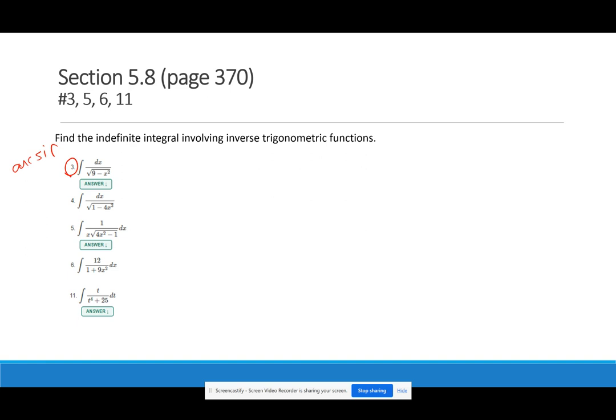All right, with number 5, I take a look at that. I see the square root. This looks kind of arcsecant-like because if I did the derivative of the part underneath the radical, it would be 8. The part underneath the radical would have an x in it, so you might think, oh, that's going to work. But the x that you see here is not an x that goes with the dx.